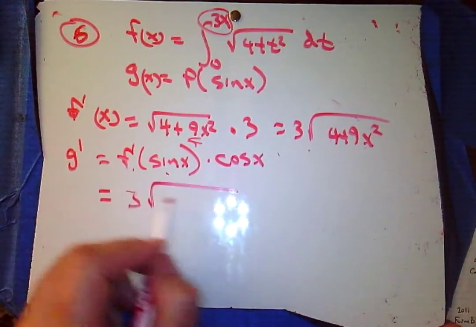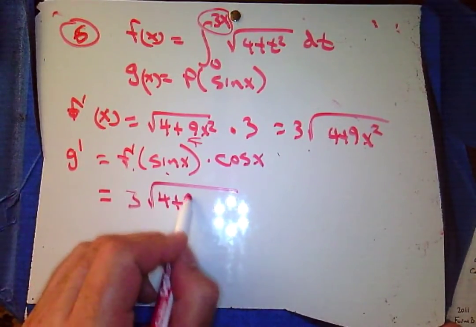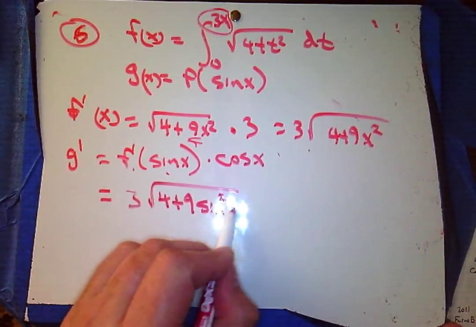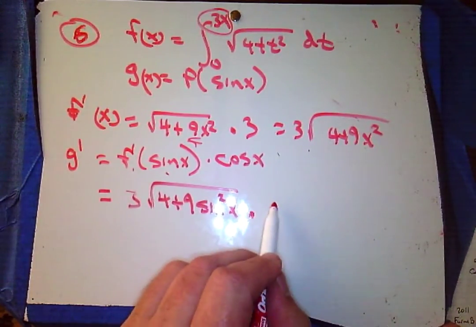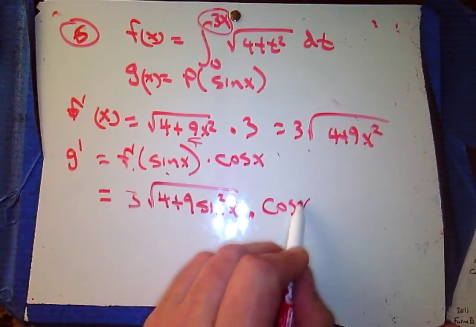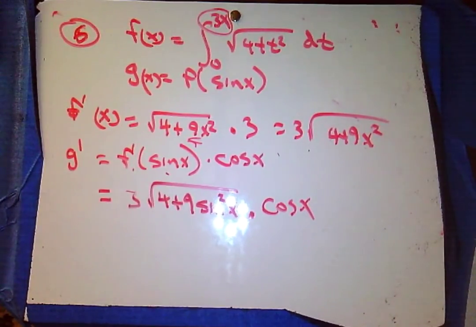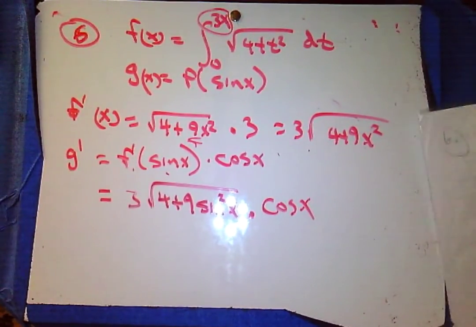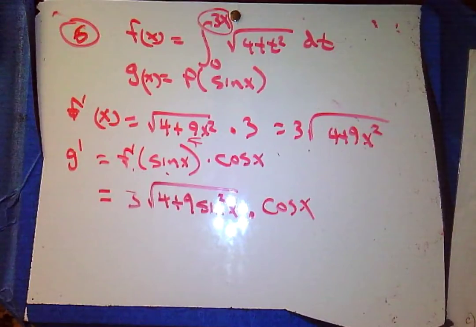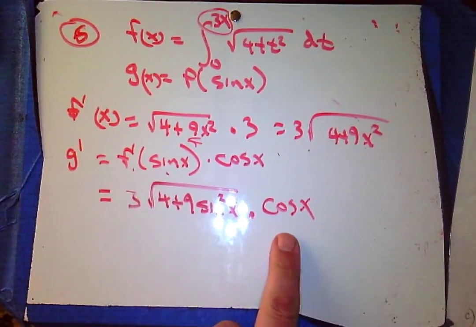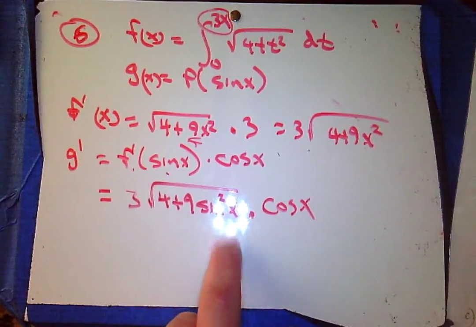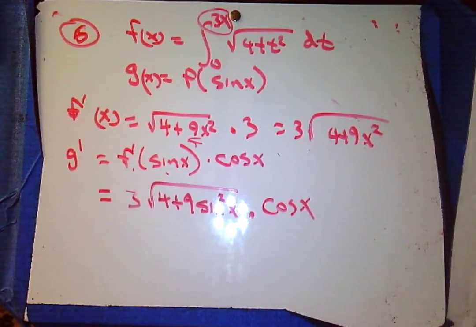So 3 square root 4 plus 9 sine squared x times cosine x. That would be my answer to 6a. Yes, very good. Okay, part B.